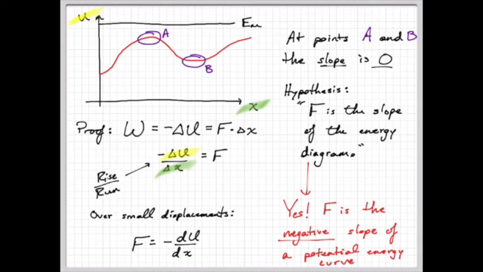And then we also had two equilibrium points, one of stable equilibrium, one of unstable equilibrium. Remember, unstable is like being at the top of the hill. You can roll off any side with just the slightest push. And stable equilibrium means you're at the bottom of that valley where with any push, you won't get out of that equilibrium point easily. You need to do a lot of work to get out of it. All right, so that's energy diagrams and a little bit of calculus involved with energy.